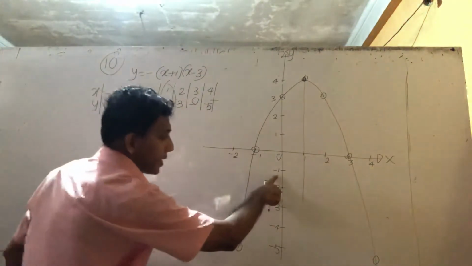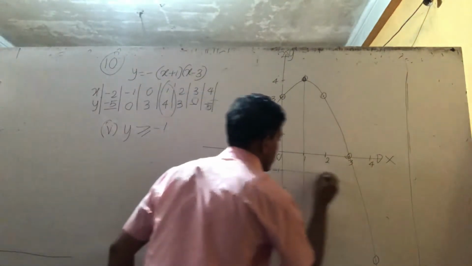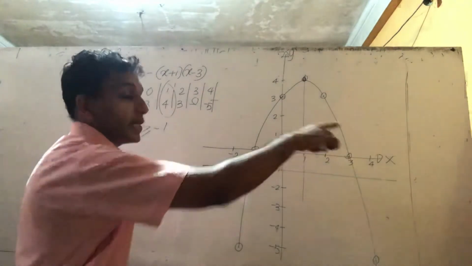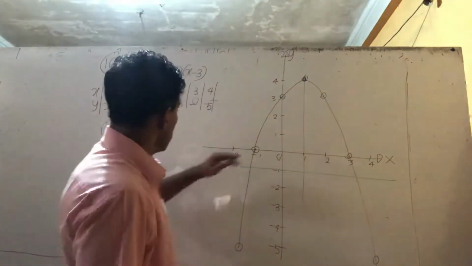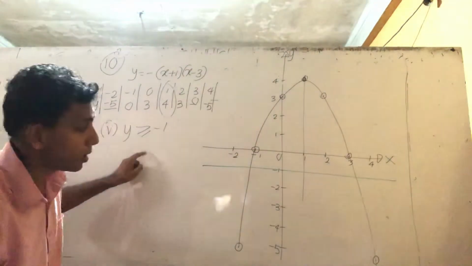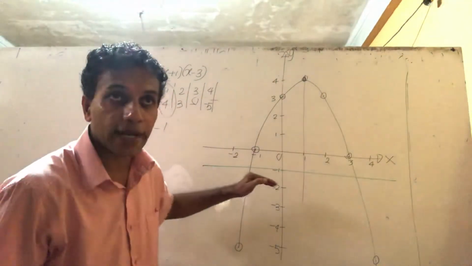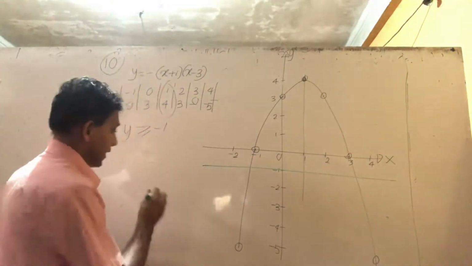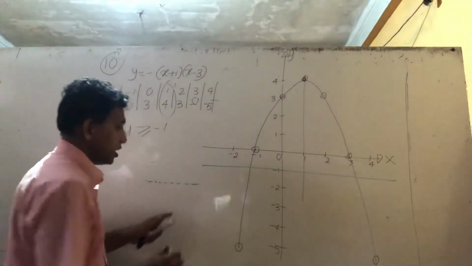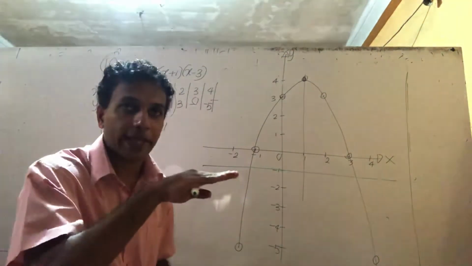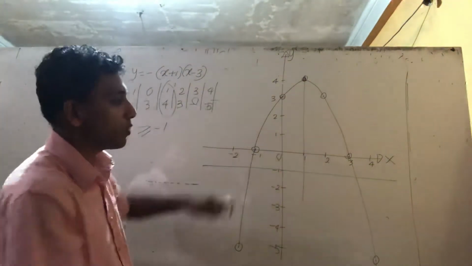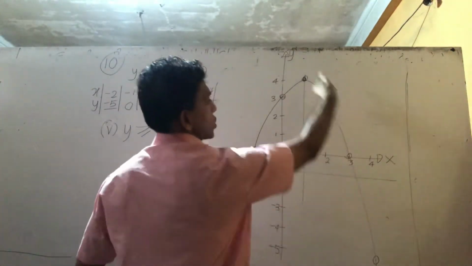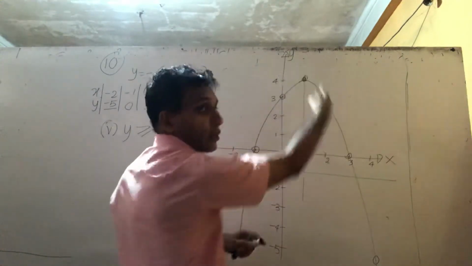So here is y = minus 1, and more than minus 1 means above. If there's no equal symbol, don't draw the dark bold line; draw a dotted line. If the equal symbol is there, in pure mathematics we draw a bold dark line. So y greater than minus 1 means this part of the graph.